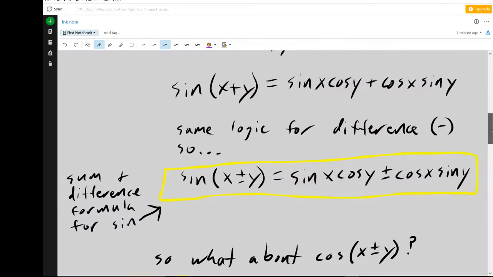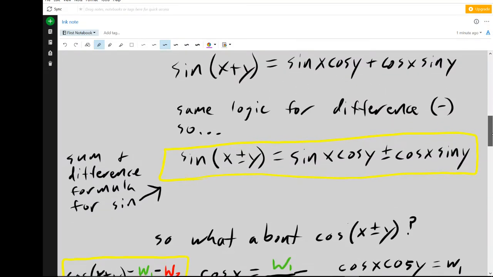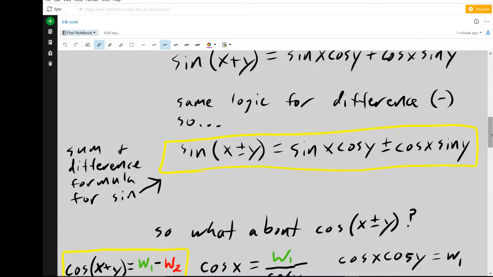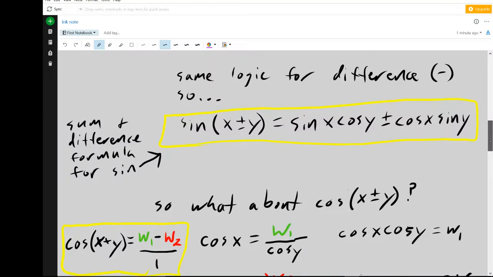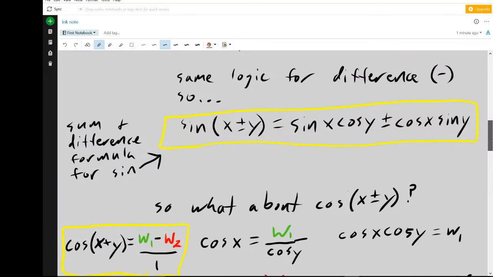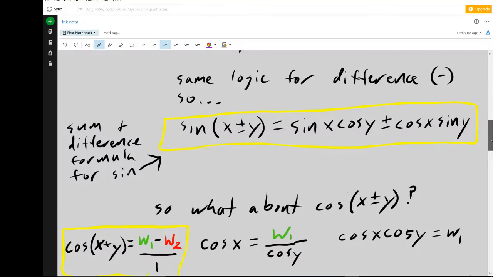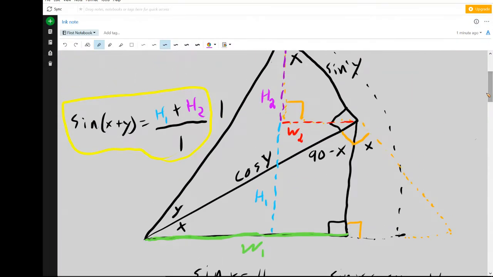If we're trying to find the cosine of x plus or minus y, well, again, let's just start by looking at the positive case. We'll worry about the negative case a little bit. We're going to do the adjacent over the hypotenuse, right? In this case, it's going to be the widths now, not the heights. So we have width 1, but instead of adding these two together, that doesn't really make sense.